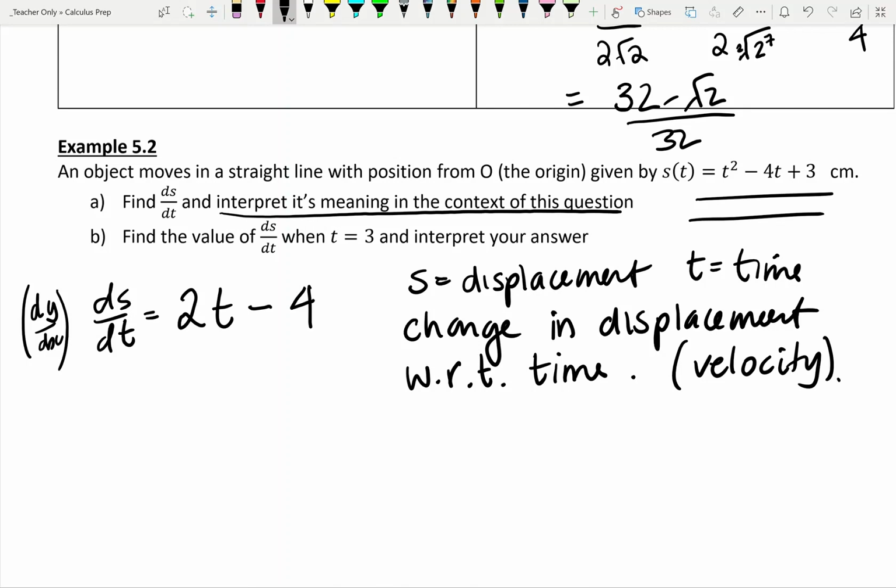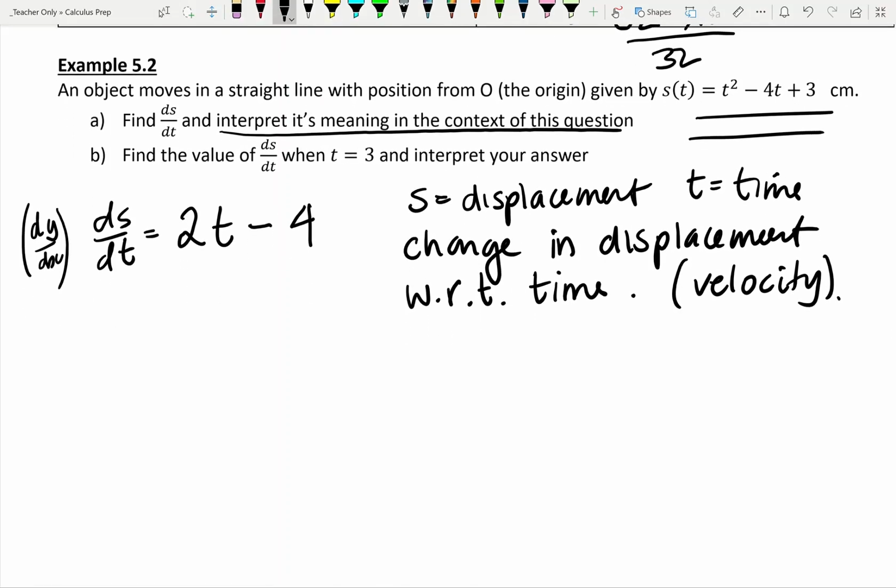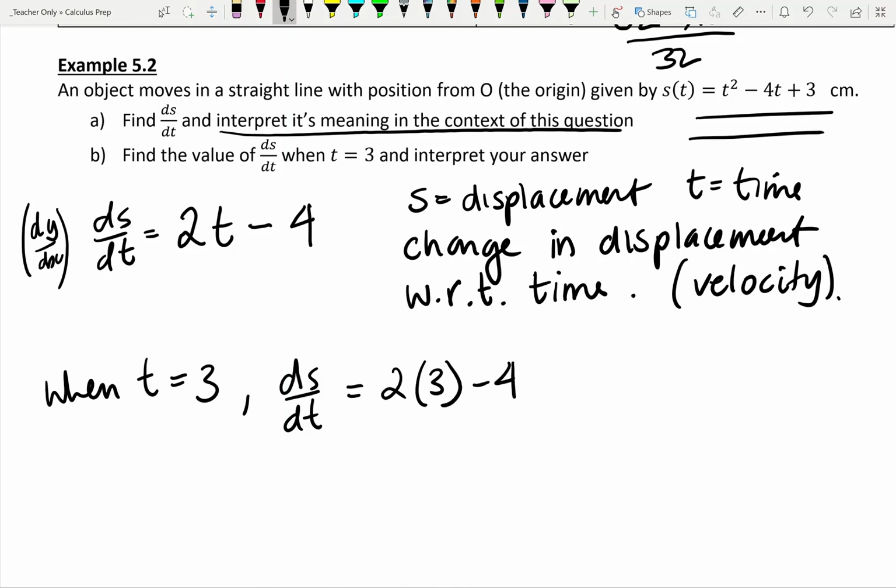Okay, find the value of ds dt when t equals 3. So when t equals 3, ds dt equals 2 times 3 is 6, minus 4 is 2, and interpret your answer.